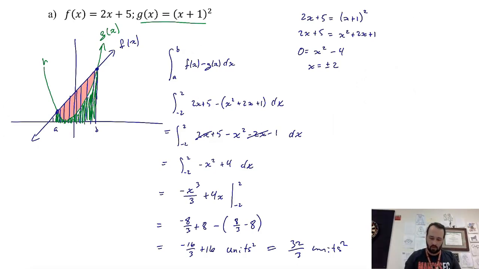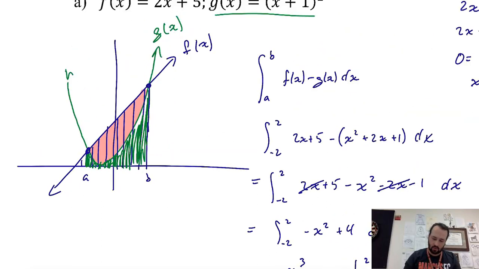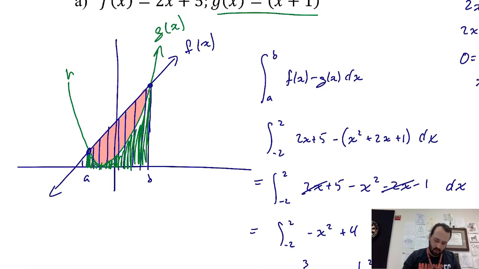All right, and one thing to notice too is that with this stuff, a lot of the resources that you will see, what they will do is notice that f of x is the function that I would call the top function, or it had the higher y values over the interval. g of x was the bottom function.